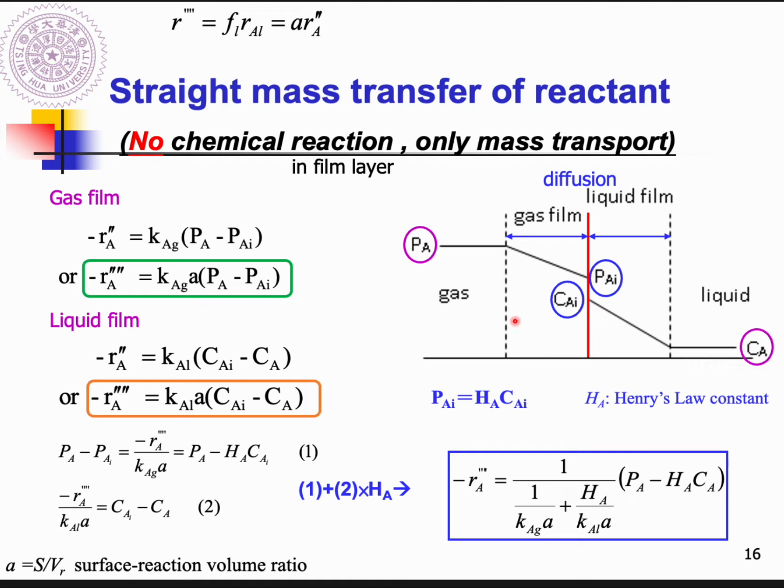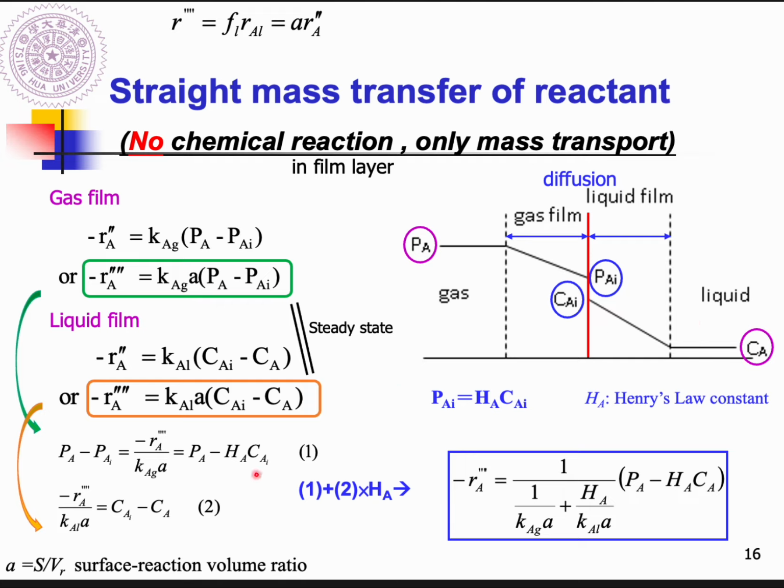When it reaches steady state, it means the flux, the consumption rate, will remain constant, right? So at steady state, you can get these two results. And in order to formulate the consumption rate of reactant A per reaction volume, the unmeasurable parameter is C_AI, the concentration of reactant A at the interface between the gas and liquid phase.